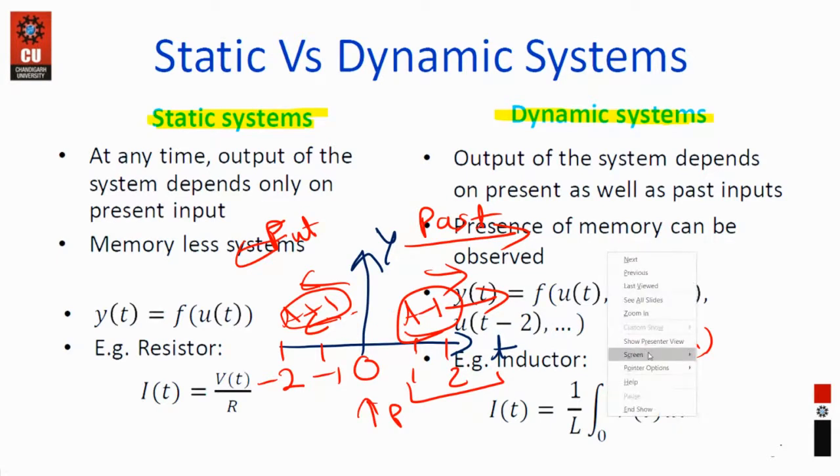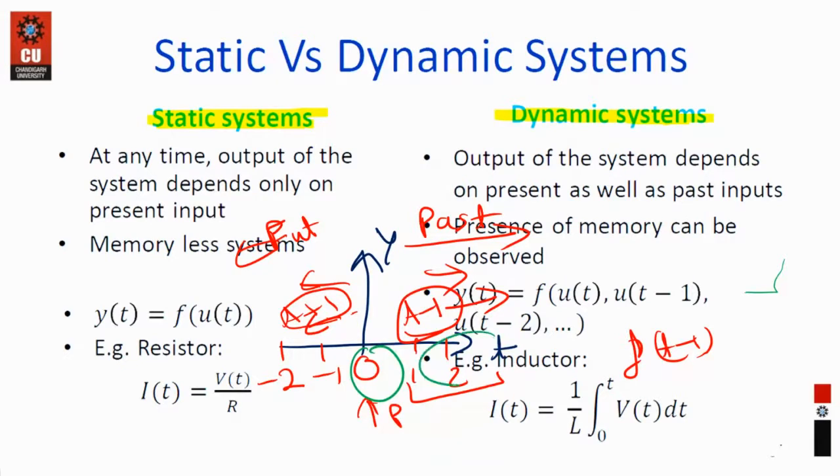On the time axis, this is my present, this is my past, and this is my future. Past you write like t minus k, like t minus 1, t minus 2, t minus 3.